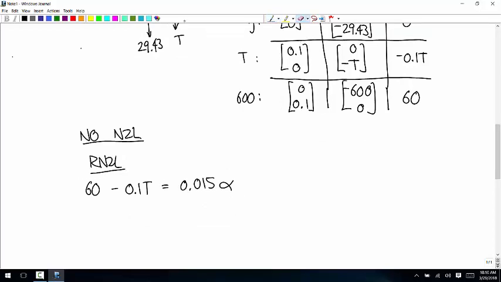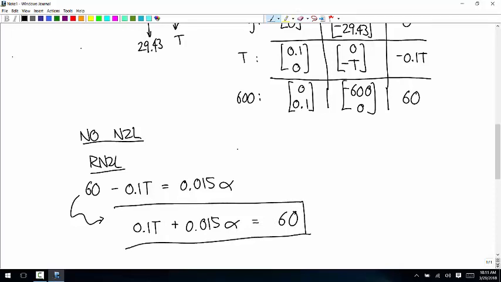Let me reformat that. So we have negative 0.1 T minus 0.015 alpha is equal to negative 60. Make those all positive. Okay, so that's equation 2 star.